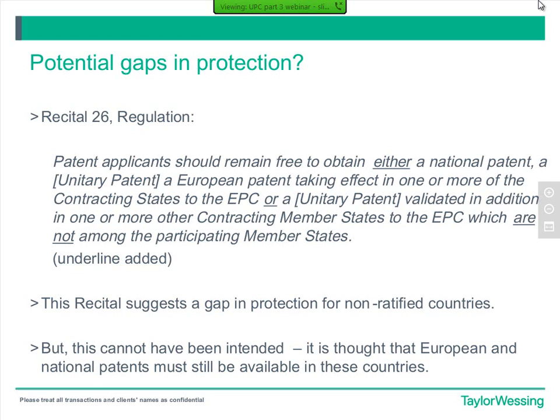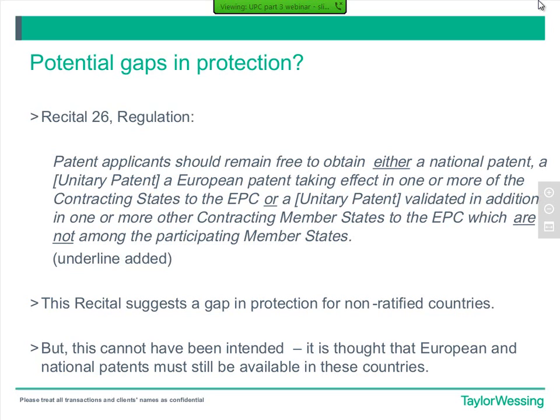But in fact, when you think about it, there is a fourth possibility that is not in this list. The fourth possibility is a European patent, I mean a classical European patent, not a unitary patent, which is effective in countries which are not participating in the unitary patent.